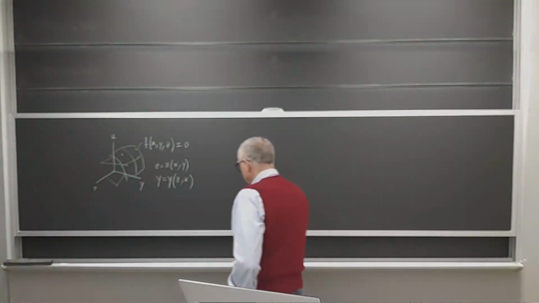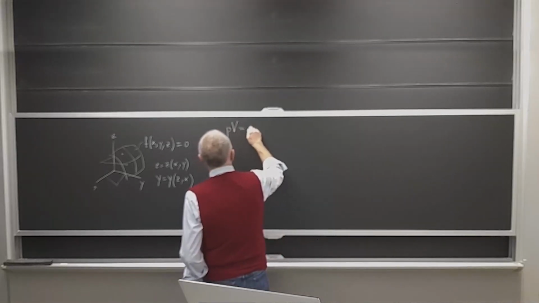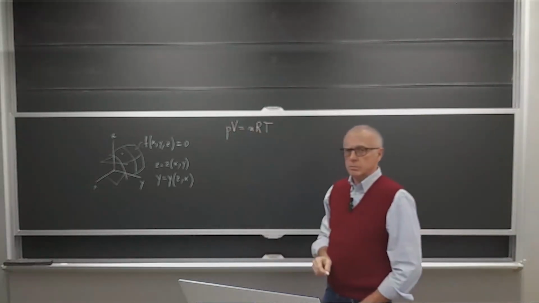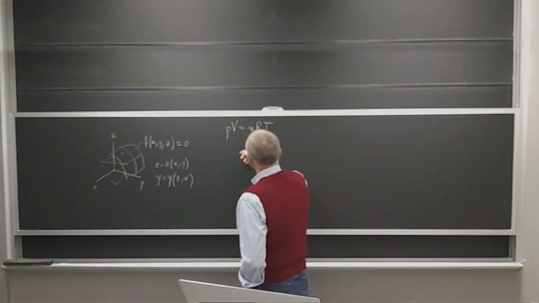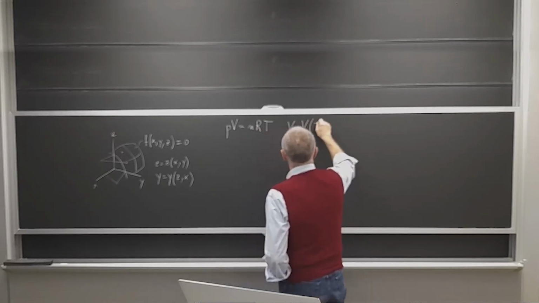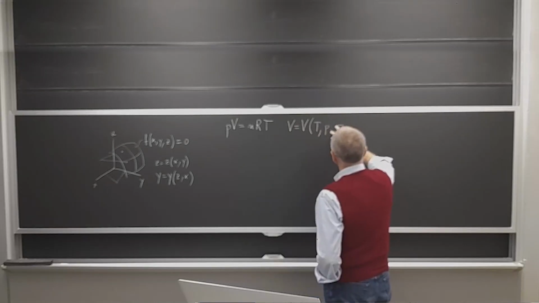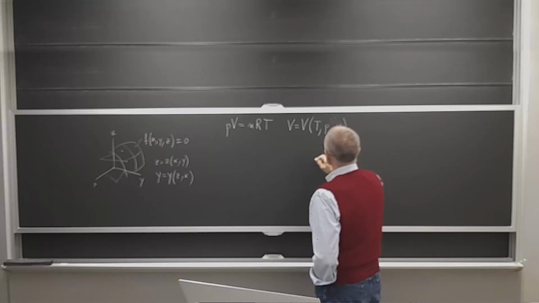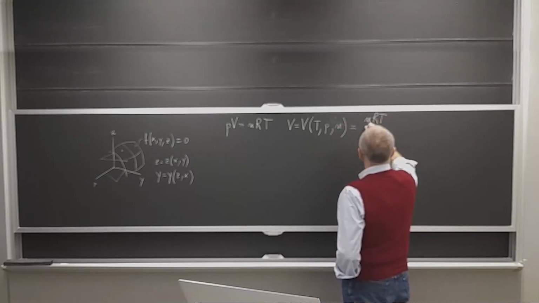For example, for a gas, I mean, if I can write the ideal gas relation, you can view that as V as a function of T and P, and N, right? So it's nRT over P.